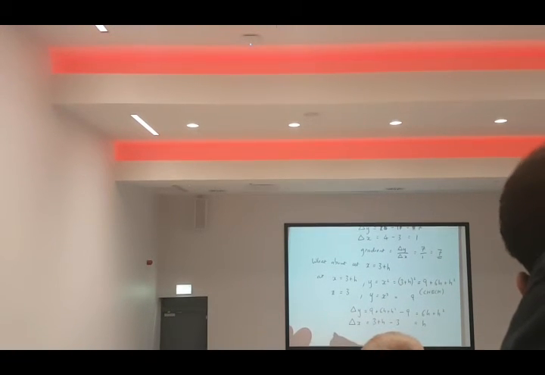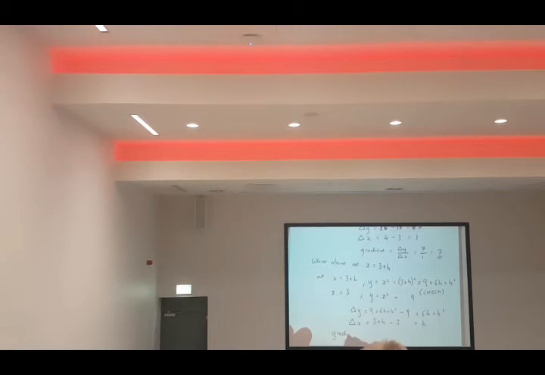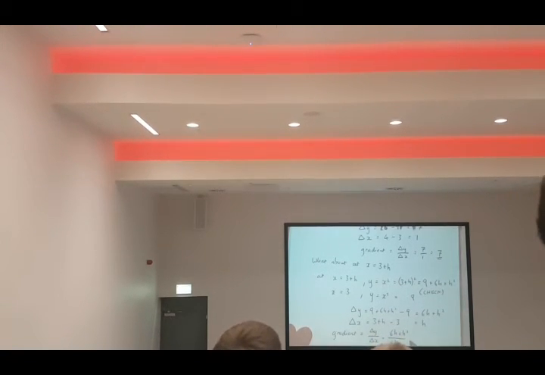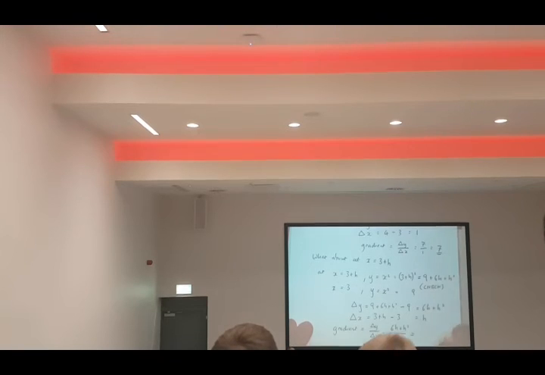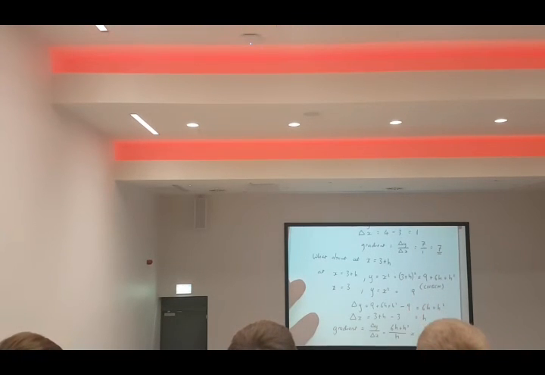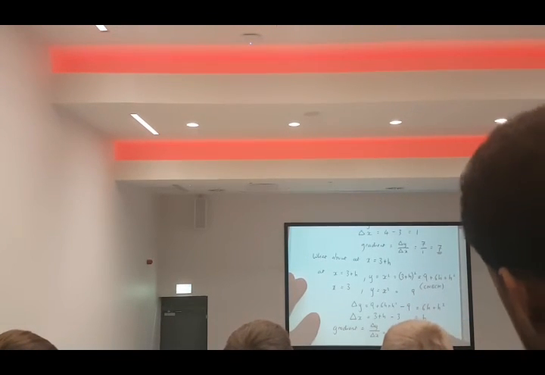So what is the gradient then? Gradient is equal to delta y over delta x, which is 6h plus h squared divided by h. Let me carry on and then I will say at the end. So that gives us 6 plus h.